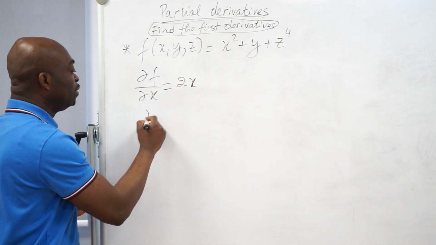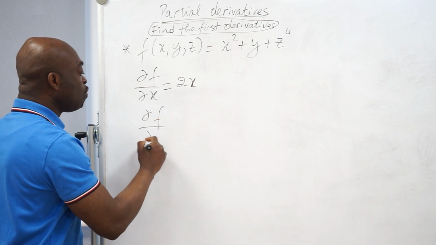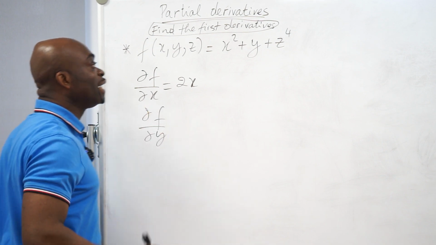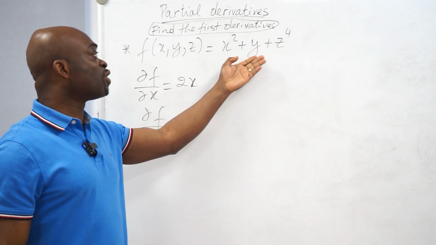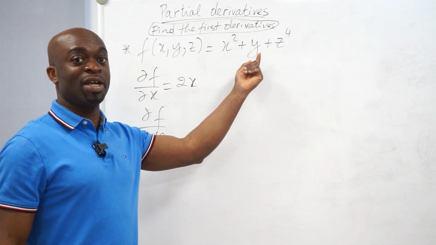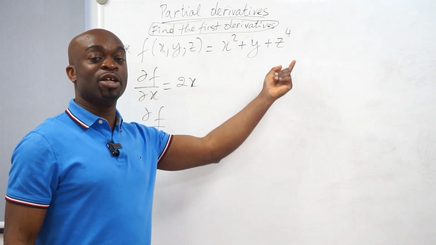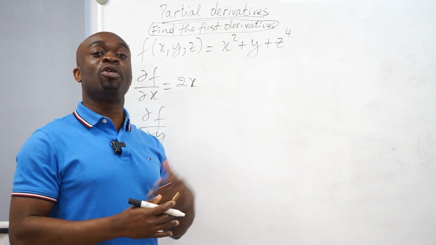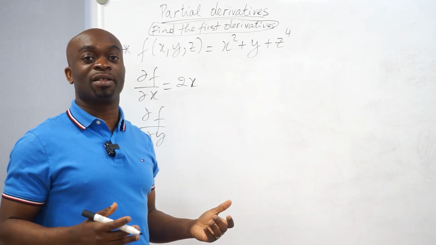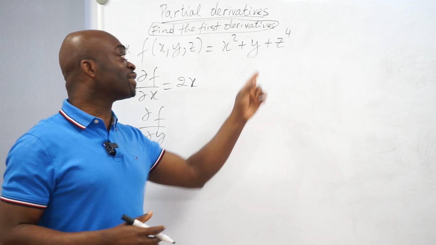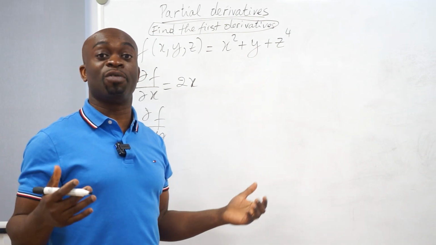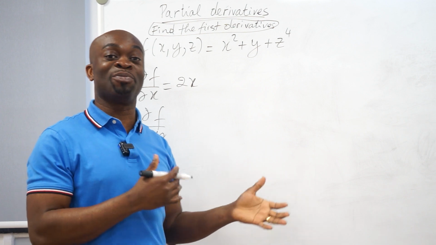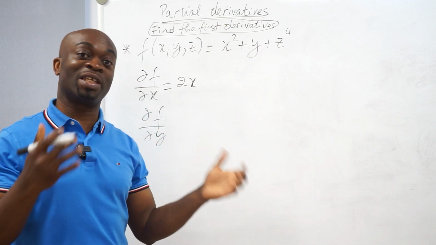Now, what's going to happen to the others? We don't have x here, and we do not have x there. So we're going to treat them as constants. Because we're treating them as constants, the derivative of a constant is 0, if you remember that from the derivatives lessons.